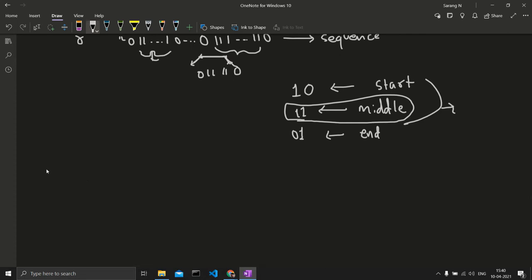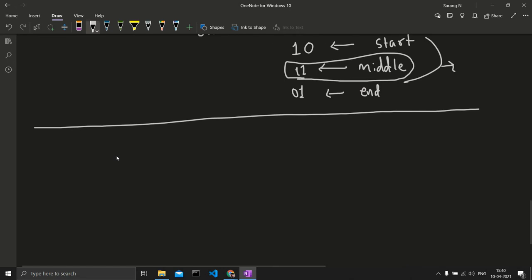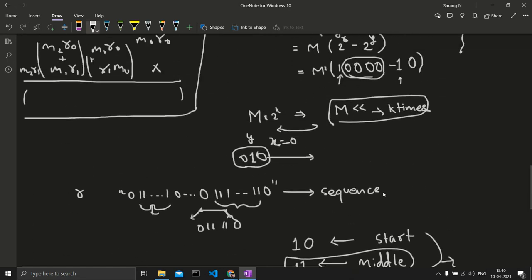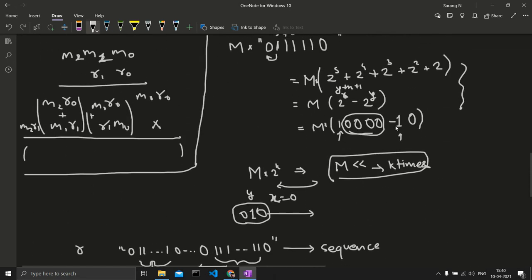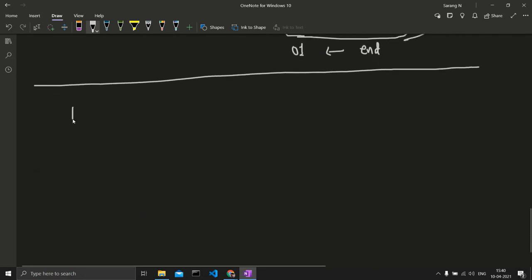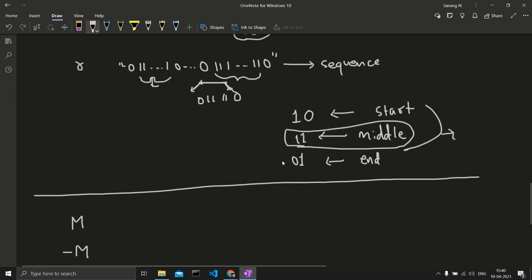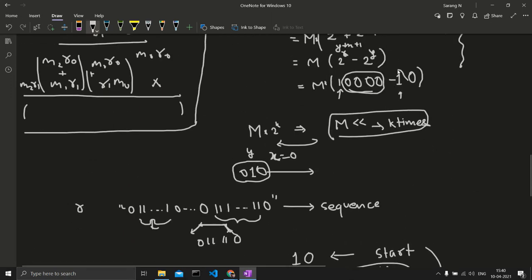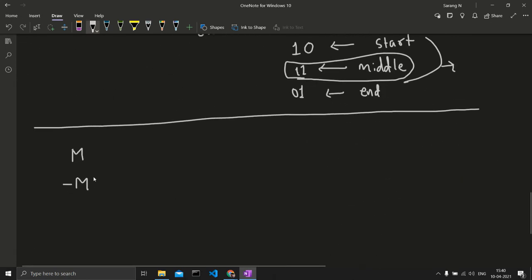So how do you go about devising a stepwise algorithm for it? We know that we need m. If you have a number m, we need m. Also, we need minus m, the multiplicand, because we are effectively turning this negative, and we'll use 2's complement for that.